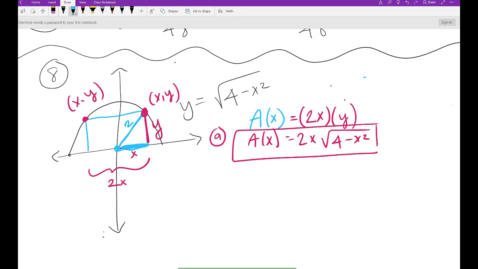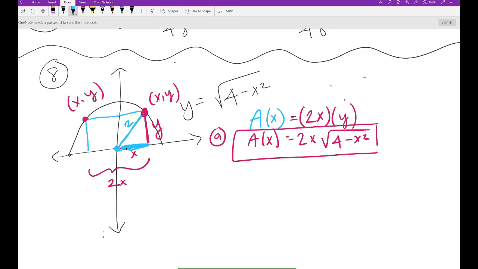If they said the whole base is x, then this point cannot be x comma y. But they didn't say that at all. They just said there's a point on the curve called x comma y, right? So that's why this can only be x.